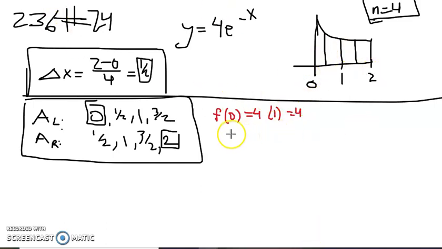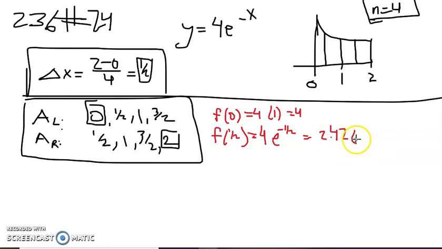Then we have f of 1/2, which is 4 times e to the negative 1/2, which I have no idea what that is, so I'm going to plug that into the calculator. 4 e to the negative 0.5, and that gives me approximately 2.426.